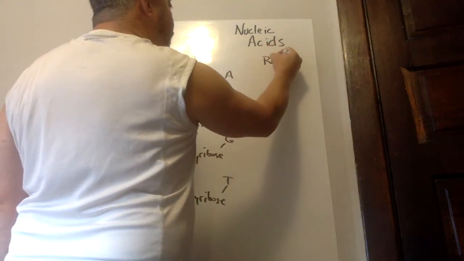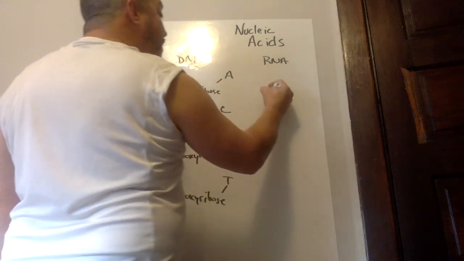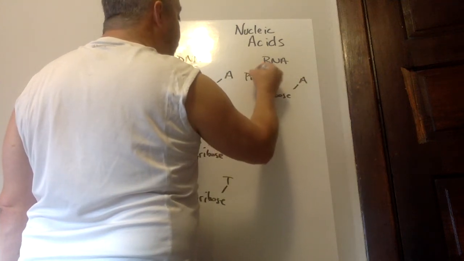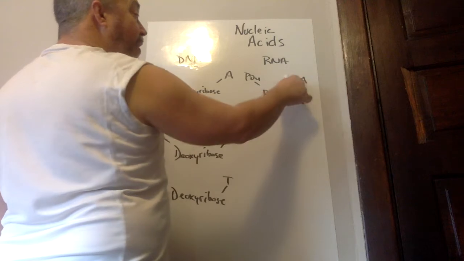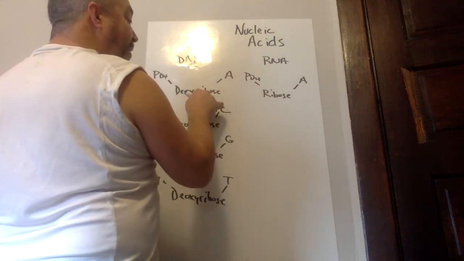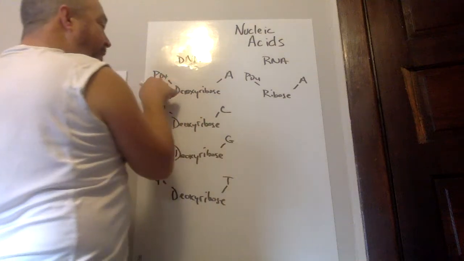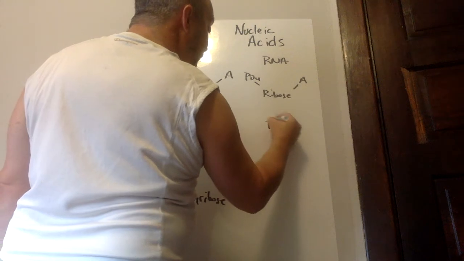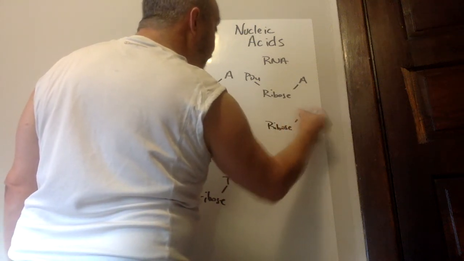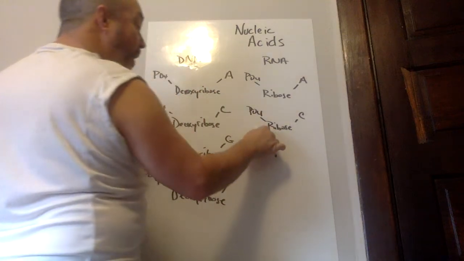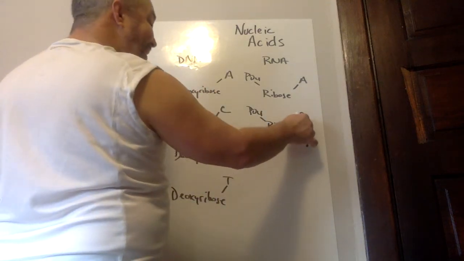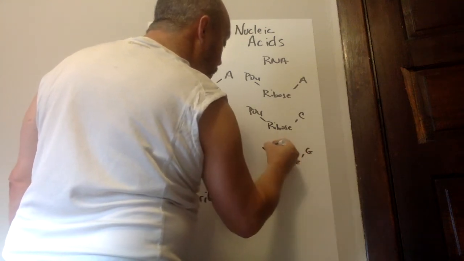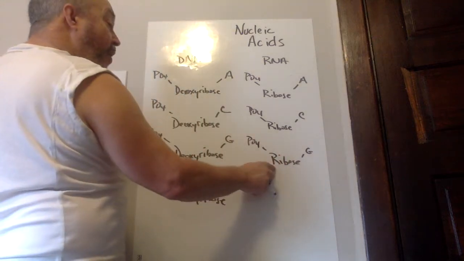But with RNA, you would have ribose as the sugar. It's the same adenine, but we now know it's an RNA nucleotide for adenine as opposed to this, because the sugar has changed. Notice the A hasn't changed, the phosphate group hasn't changed. The only thing changing between DNA and RNA is that sugar. We could have cytosine on this one, but now it's an RNA cytosine nucleotide, since it's ribose. Or we could put guanine on there, but now this would be an RNA guanine nucleotide.